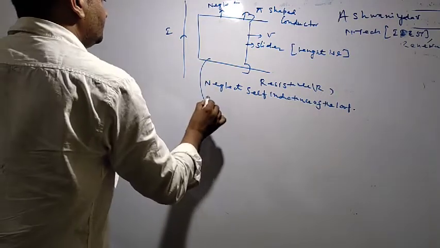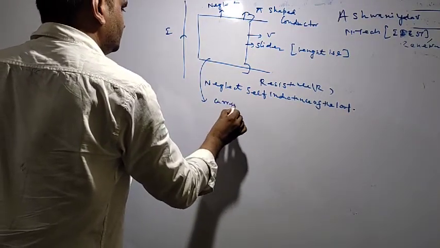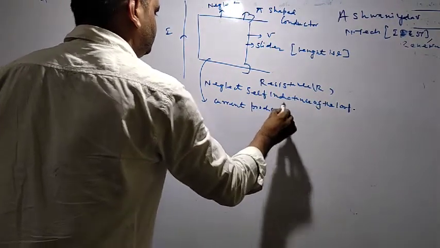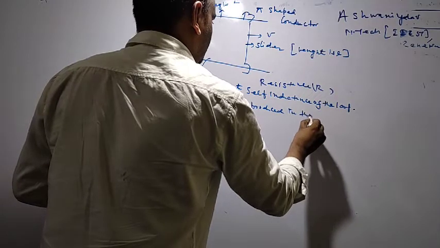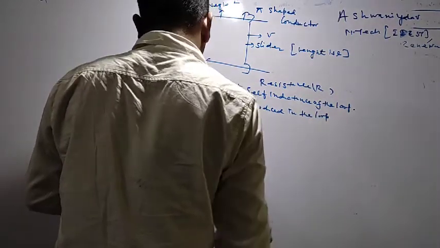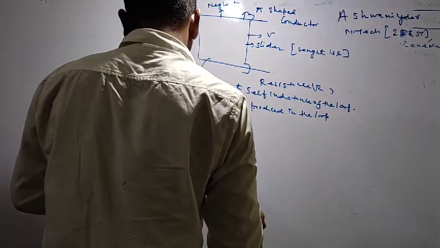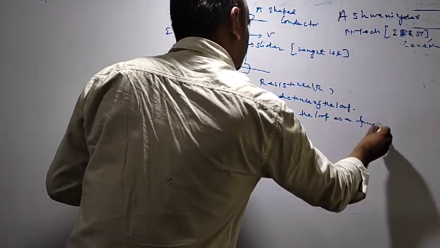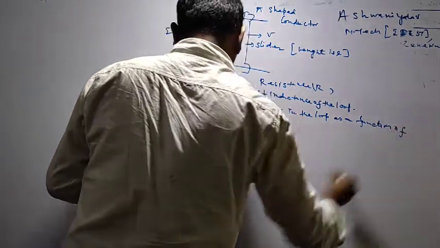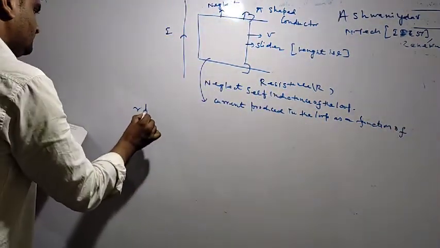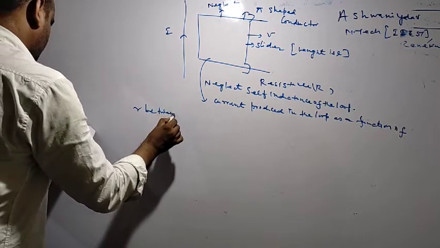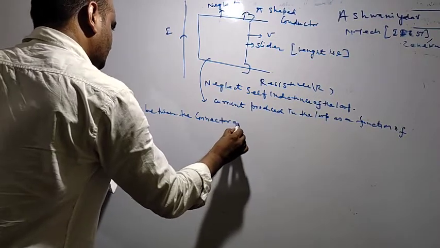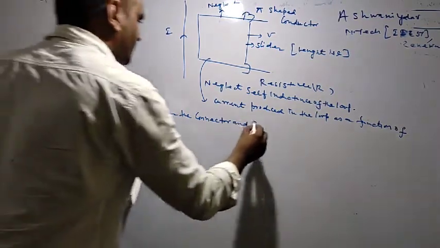Now, what is the current? The question is, what is the current produced in the loop as a function of r, the distance between the connector and the straight wire?